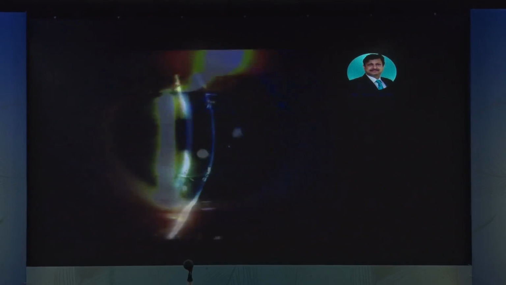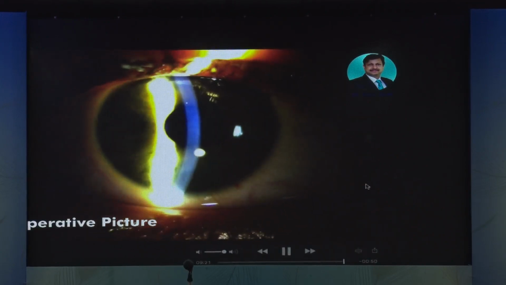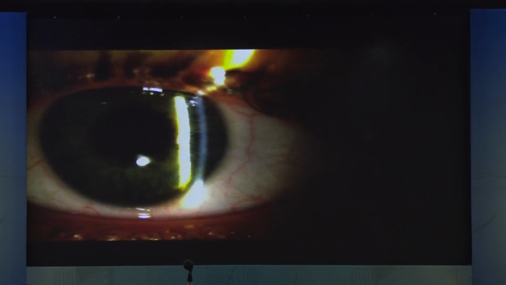And this is the immediate post-op picture. So even after 24 hours, you can't even make out whether the patient has been operated.